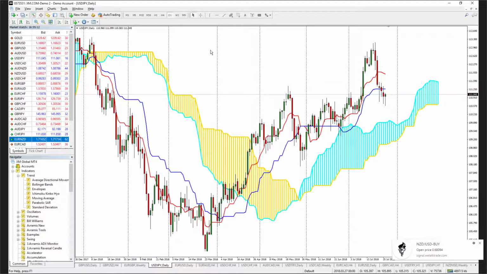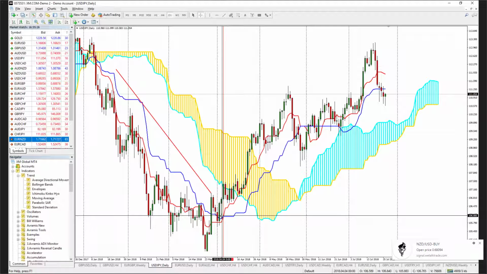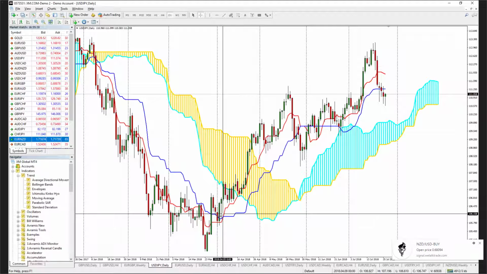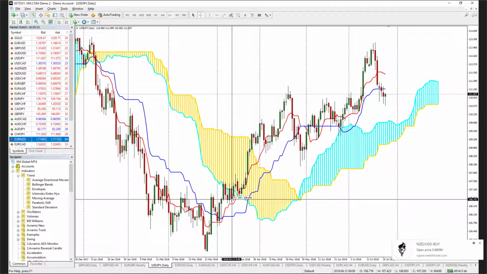But let's put it this way. By the time we have the double crossover bullish, we should have exited any short positions. Yes, so by the time we get a bullish double crossover, by then we should have exited any short positions. Now look at this. This was a bullish signal because the red went above the blue, yes?